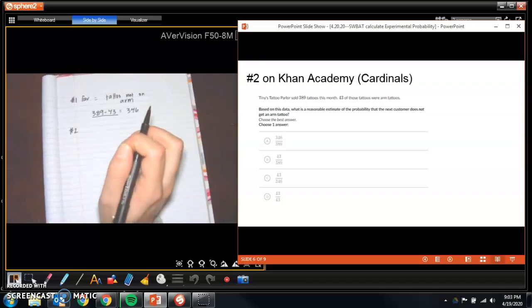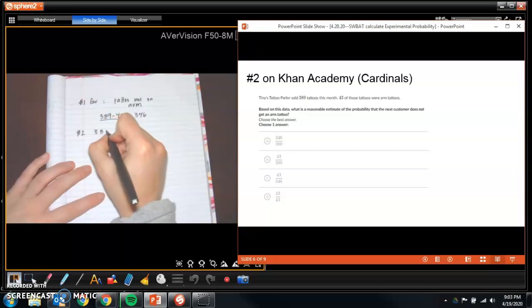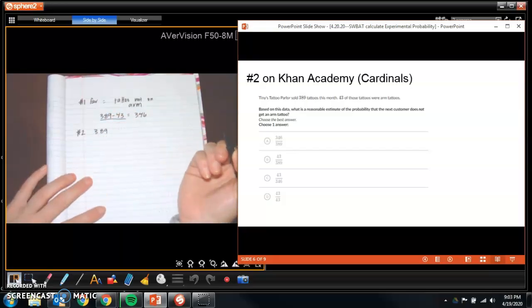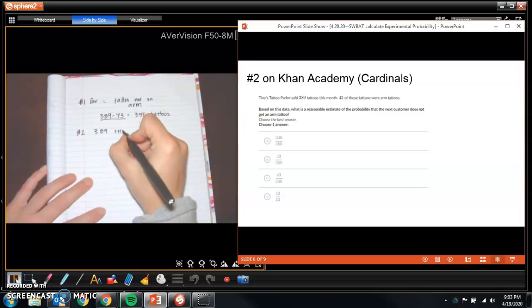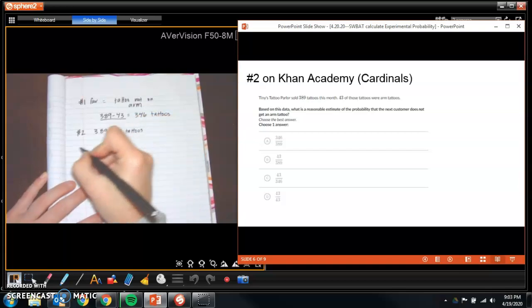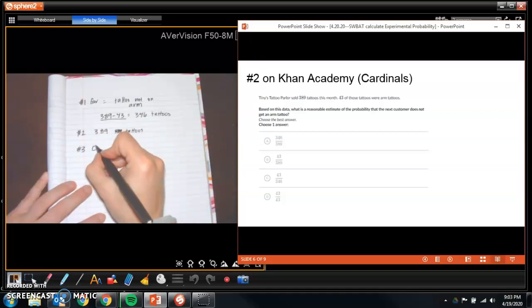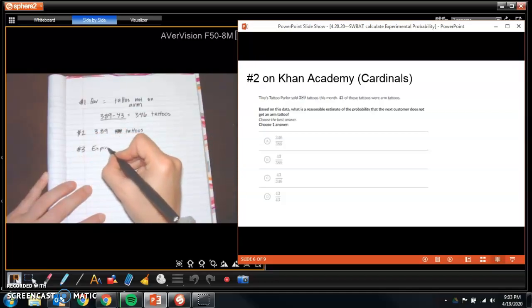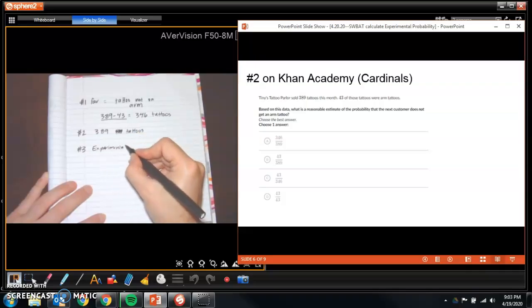Okay, criteria for success number 2, the total number of outcomes. Well, we know that that's 389 tattoos because we labeled that earlier. Great, now we're ready to move on to criteria for success number 3, which is to write the experimental probability.